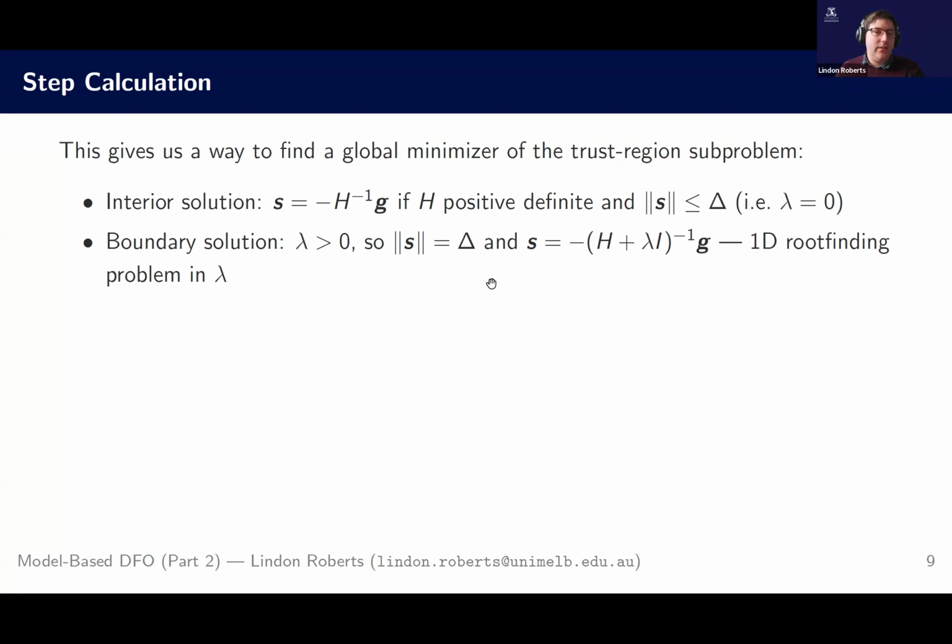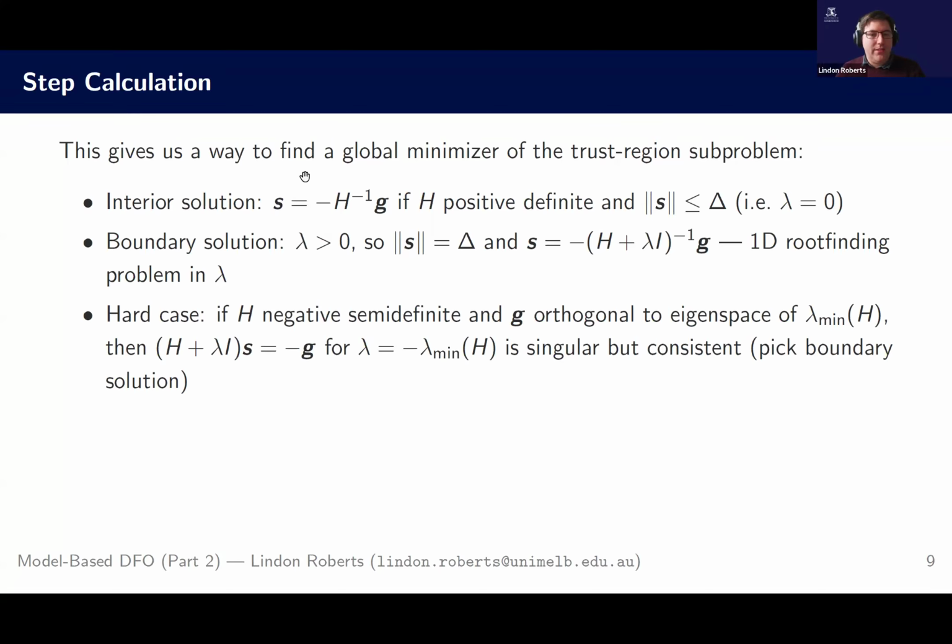This is just a 1D root finding problem in lambda, because lambda is just some positive scalar. Given lambda, you solve this linear system, compute its norm, and you want that norm to be equal to delta. So there is one equation in lambda that you need to solve, which in principle you can do. You've got to solve this linear system a bunch of times, but in principle you can do it reasonably easily. If you've got an eigenvalue decomposition of H, this is even faster.